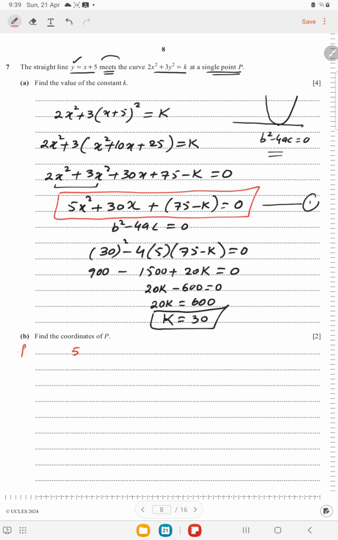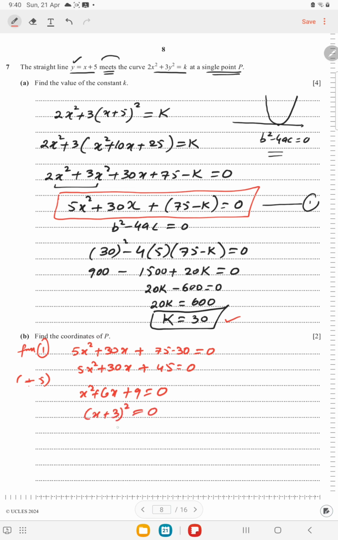I'm replacing k with 30 here: 5x square plus 30x plus 75 minus 30 equal to 0. So 5x square plus 30x plus 45 equal to 0. For simplification, if you want, divide by 5, so you get x square plus 6x plus 9 equal to 0. So this becomes (x plus 3) whole square.